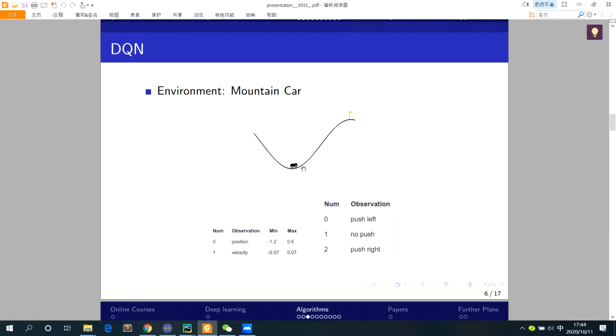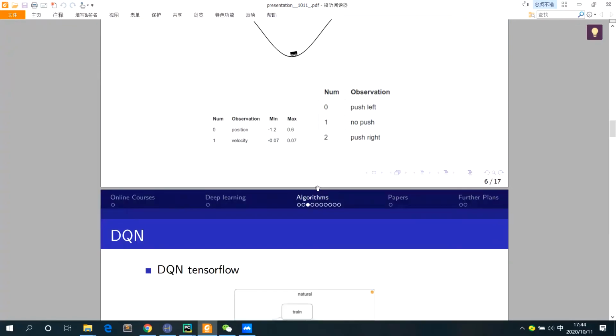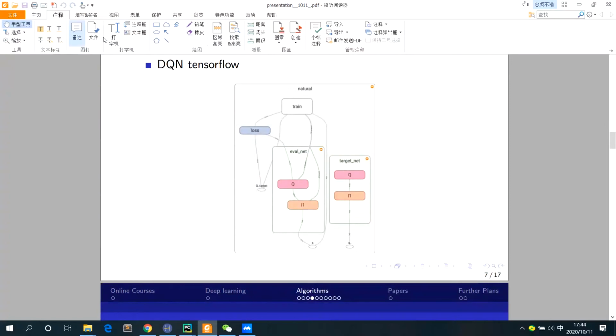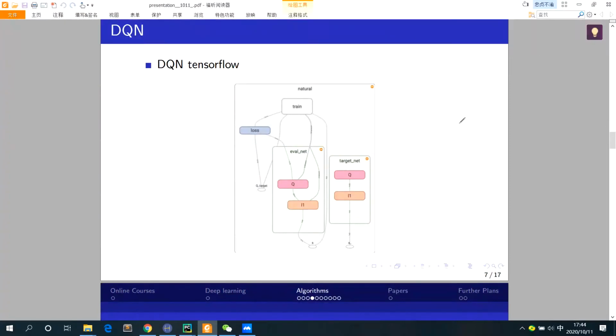Here we can see the logs of DQN in TensorFlow. It's very similar to traditional machine learning: we get a sample here, and we put it into the neural network. Our sample is from the experience of our agent.